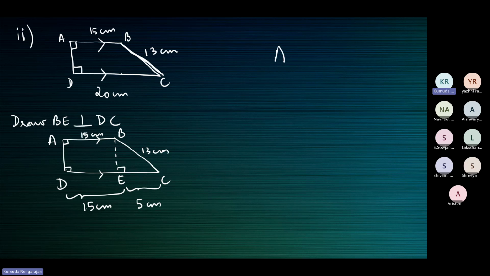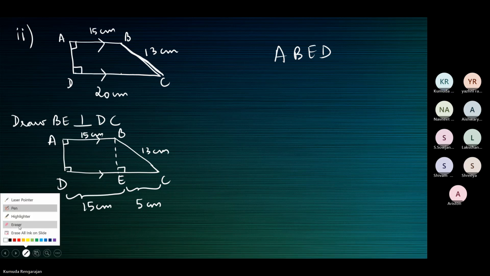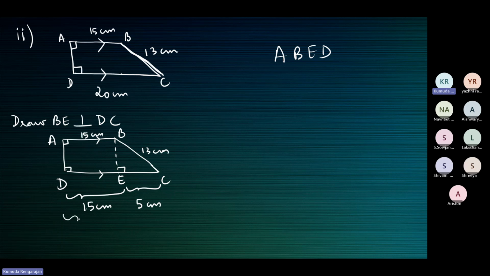So EC will be 20 minus 15, 5, because this full thing DC is 20. DE is equal to 15 because the opposite sides are equal. So EC, the rest of it, will be 20 minus 15, 5 centimeters.